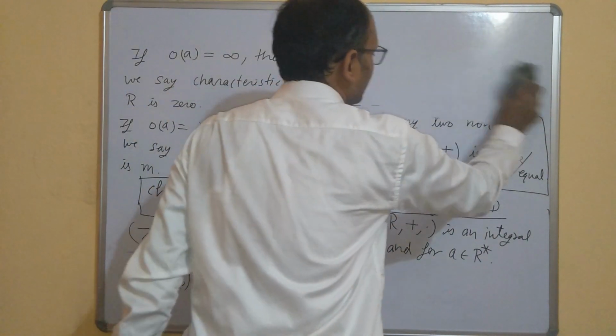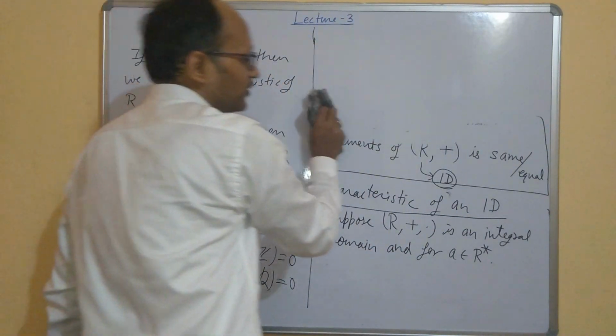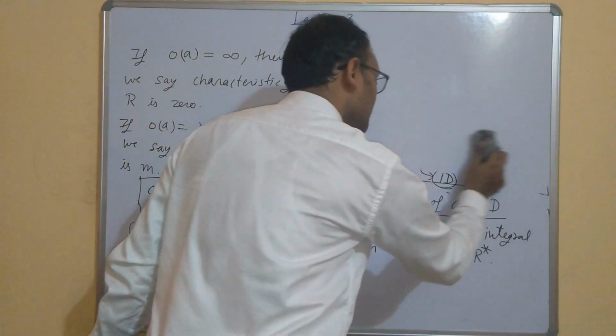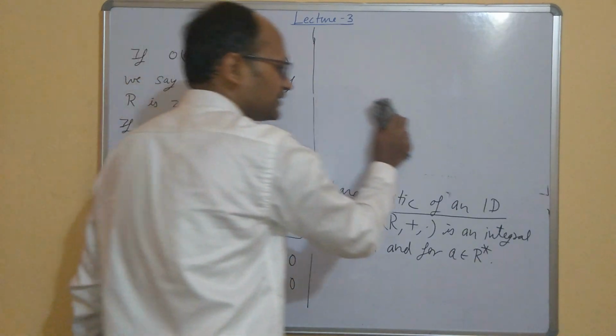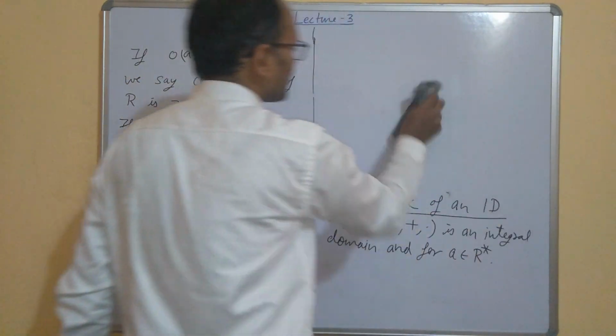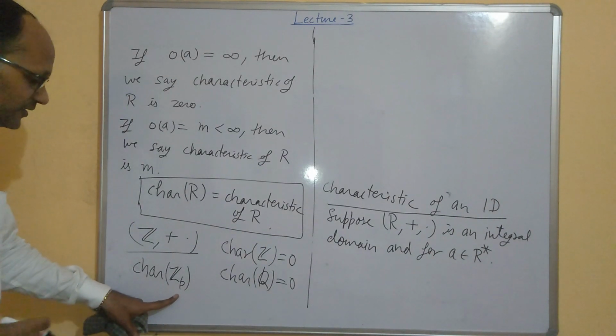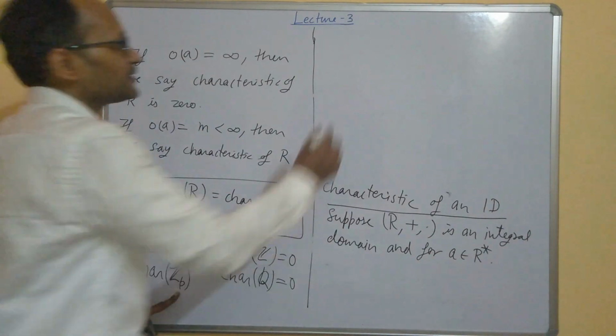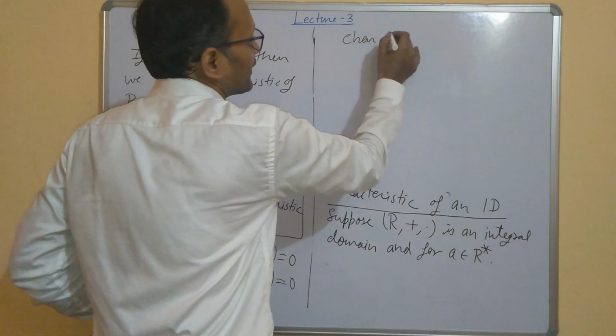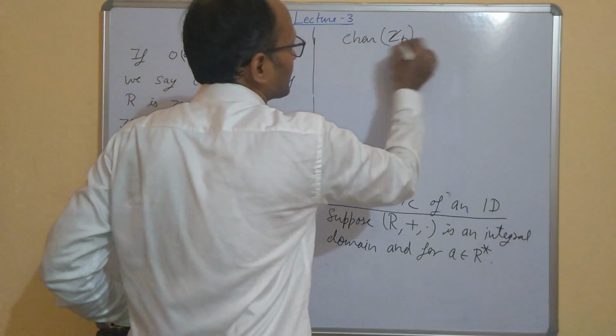Now note one thing, that we have just defined the characteristic for an integral domain. We have not defined the characteristic for any general ring. And we know that if p is a prime, then Zp is an integral domain. Characteristic of Zp.